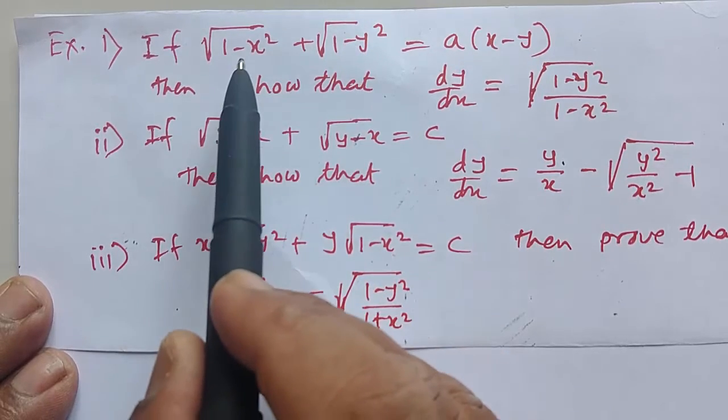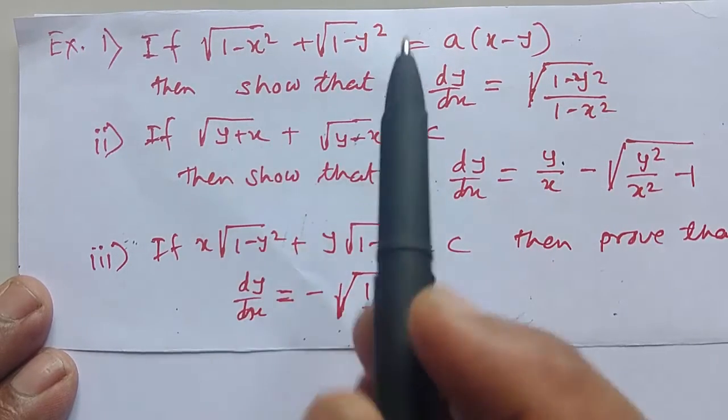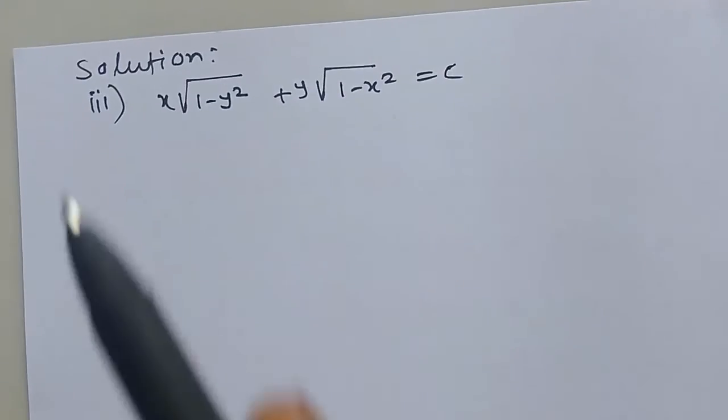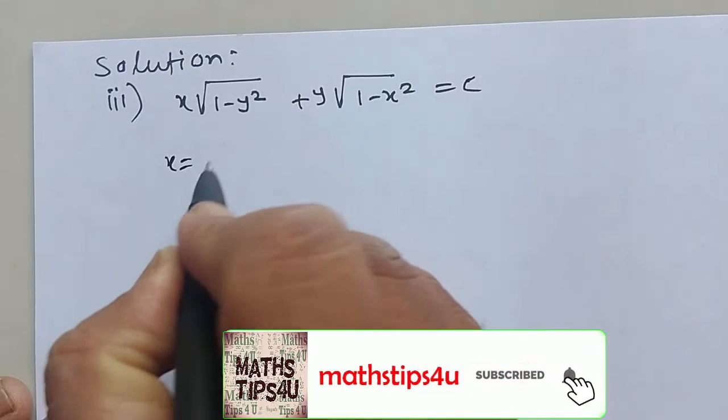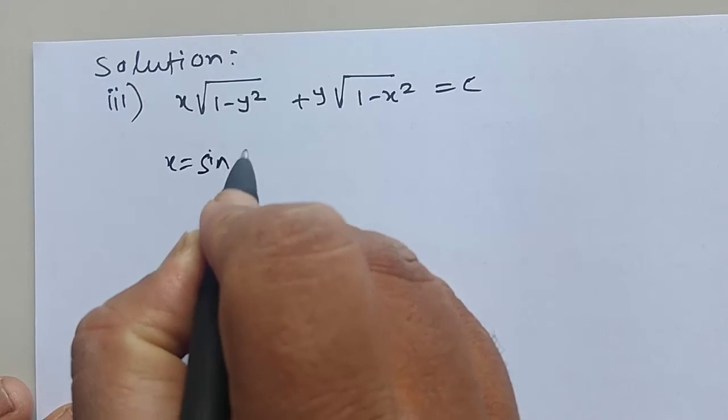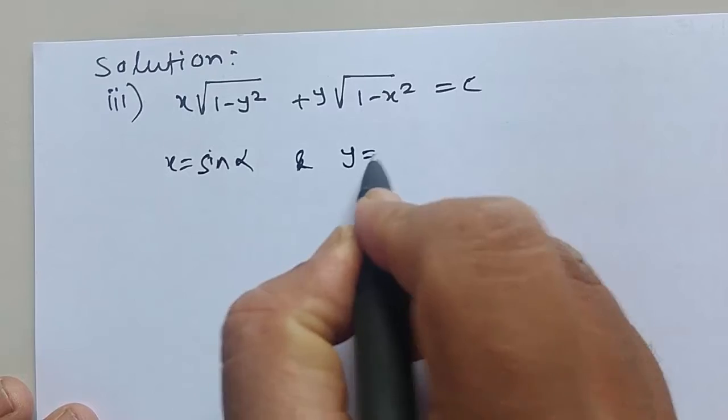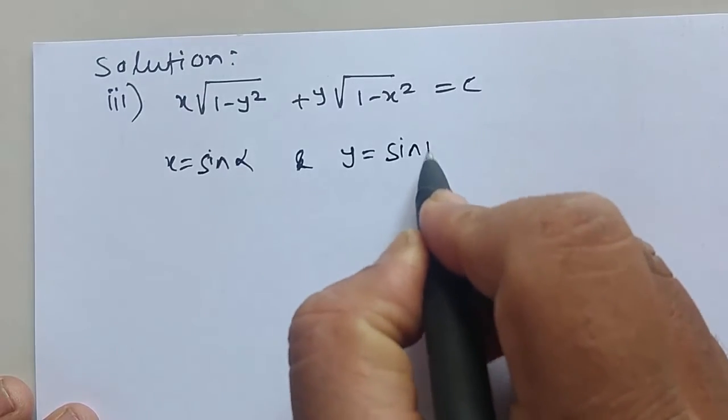And by using identities, we have proved this example. Similarly, we are also substituting here x is equal to sin alpha and y is equal to sin beta.